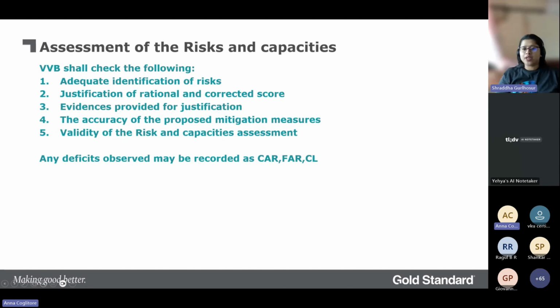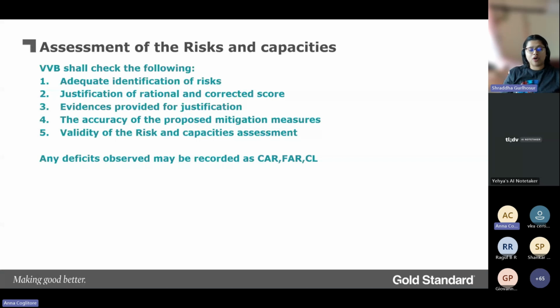So every time it has to be ensured that for all kinds of subcategories, the score is below 6 or 6. If it is greater than 6, mitigation measures have to be in place to reduce the score. So what has to be done during the assessment of risk and factor? So the VV shall check the adequate identification of risk. What does this mean?